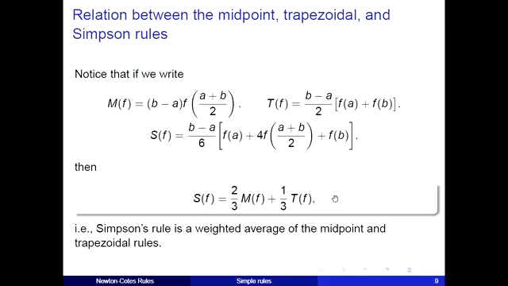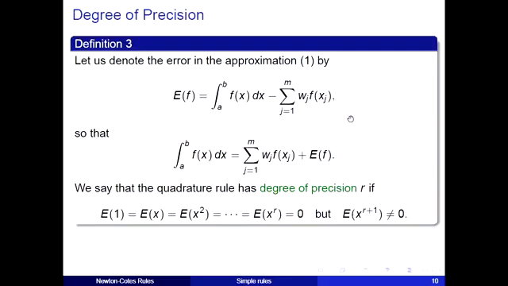rule. And we also discussed the degree of precision. So first you define the error. So what is the error? The error is the difference between the exact integral and the quadrature applied to that function, okay?